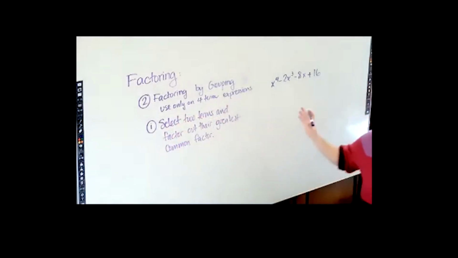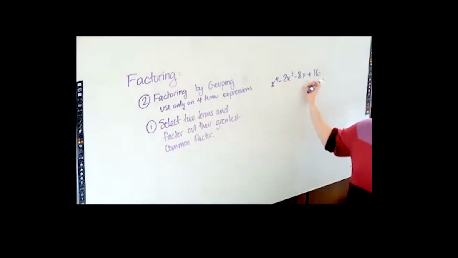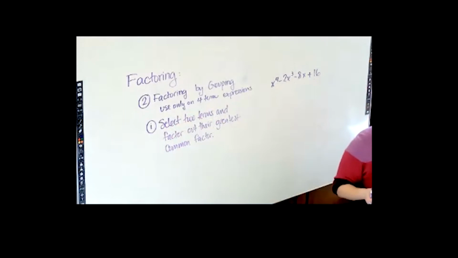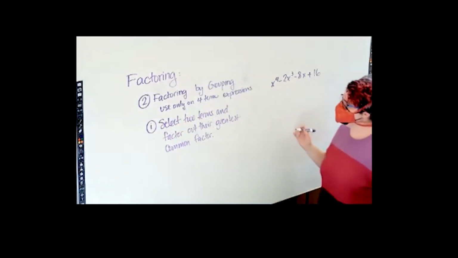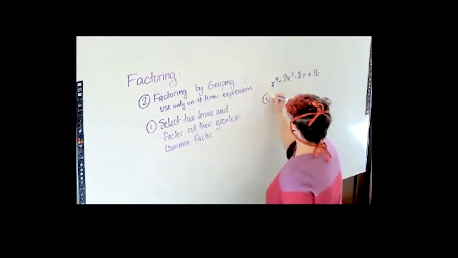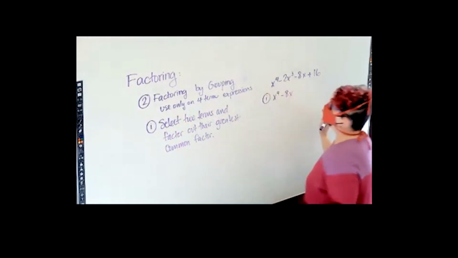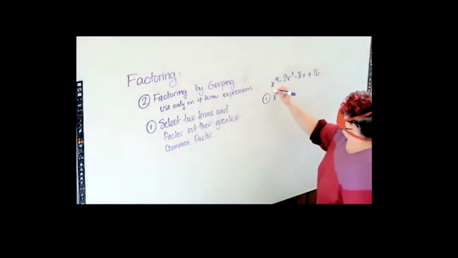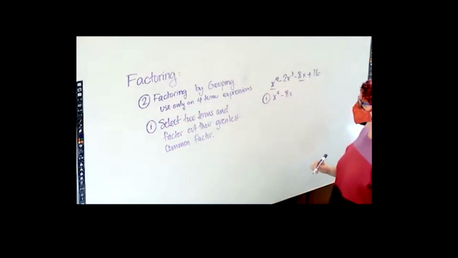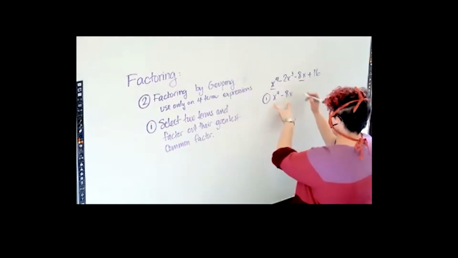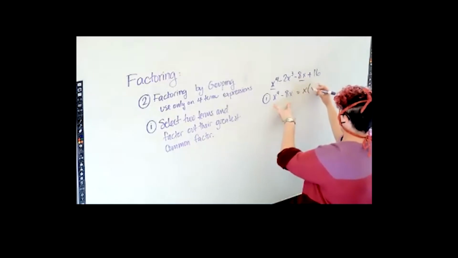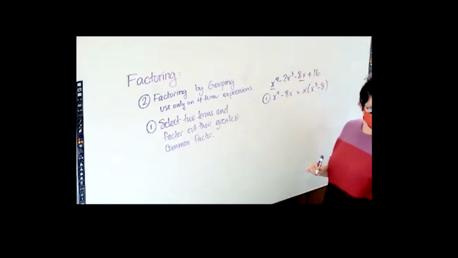It does not have to be grouped like these 2 and these 2. You can take any 2. Here, in order to show that, I'll do like first and third. So x to the 4th minus 8x. Just those 2. Their greatest common factor is x. X times x cubed minus 8.